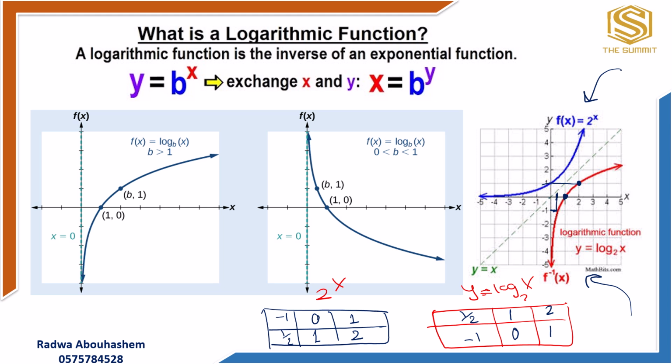Have you noticed something? In the exponential function, this was the x and this was the y. In the logarithmic function, I flipped or switched the x and y. That's why we're saying that the logarithmic function is the inverse of the exponential function.